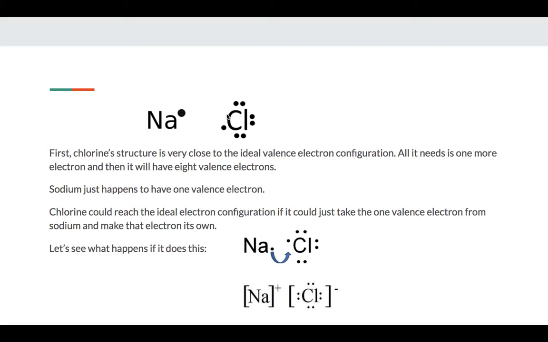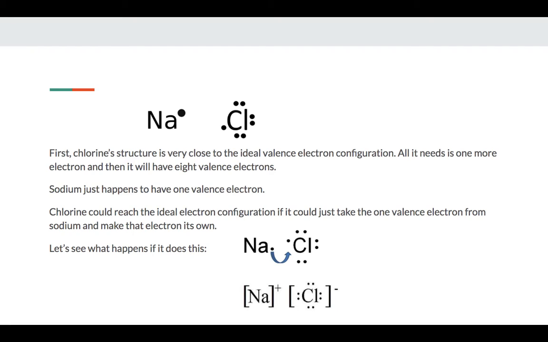So chlorine only needs one more to have 8. And sodium just happens to have one valence electron. So chlorine could reach the ideal electron configuration if it could just take or steal that one electron from sodium and make that electron its own.